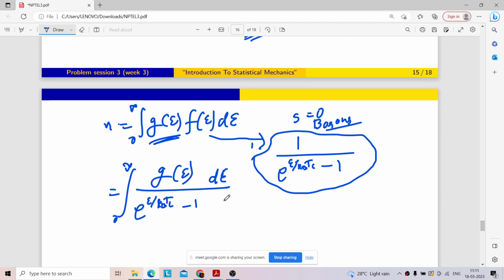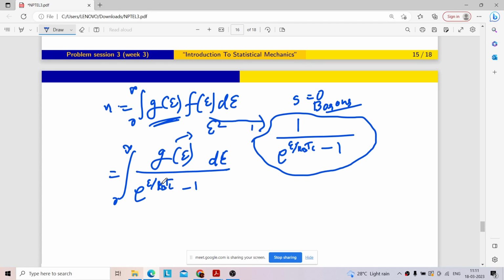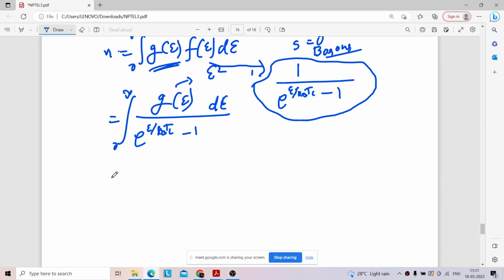So we have epsilon square here, and all other terms will be constant. You can pull out the constants outside.